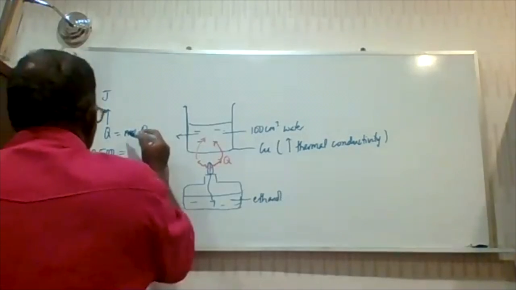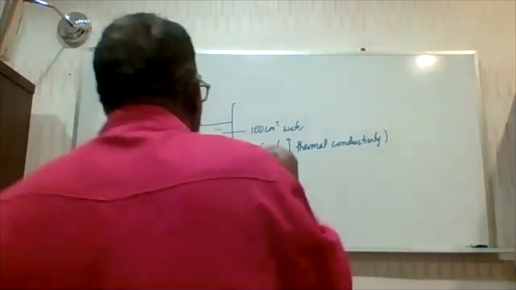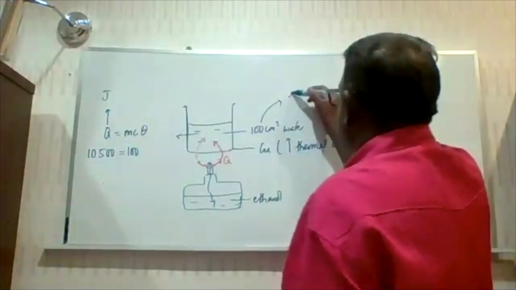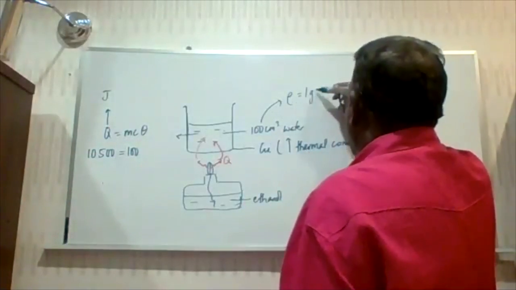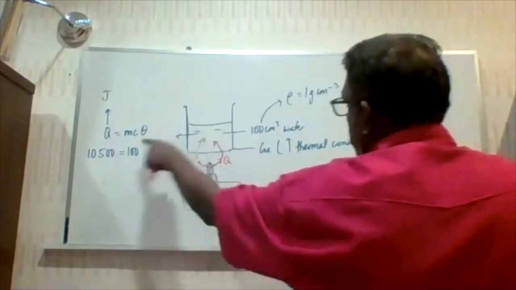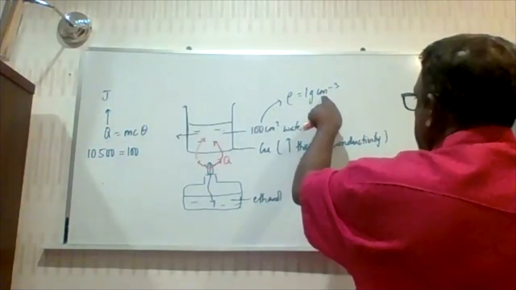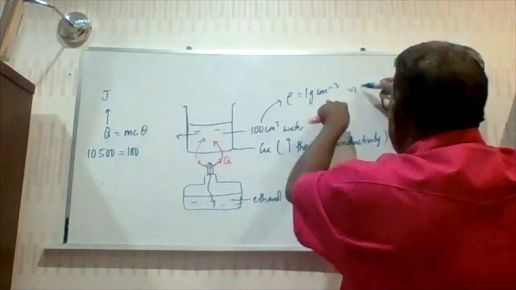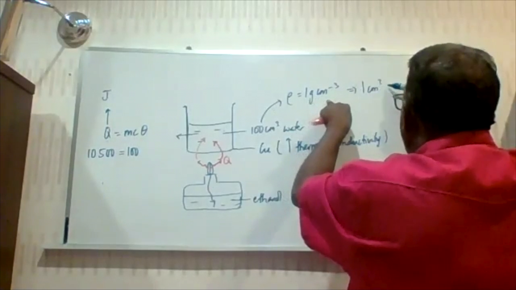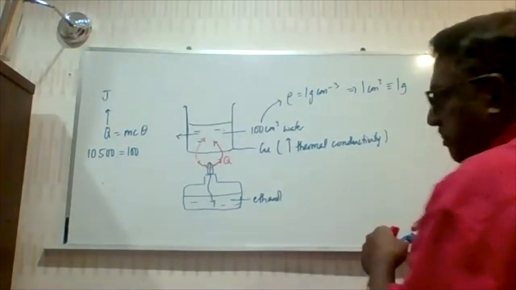Your mass is 100 grams because water is very unique. It has a density of 1 gram per centimeter cube. Many of you do not understand why we take it as 100. Because the density of water is 1 gram per centimeter cube, this means every 1 centimeter cube of water has a mass of 1 gram.